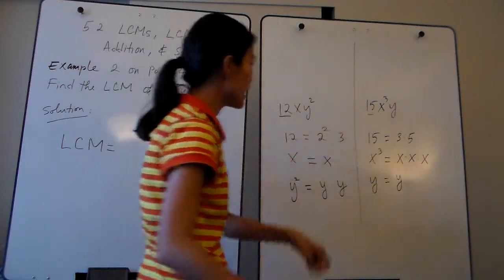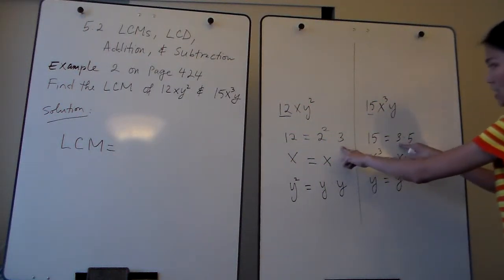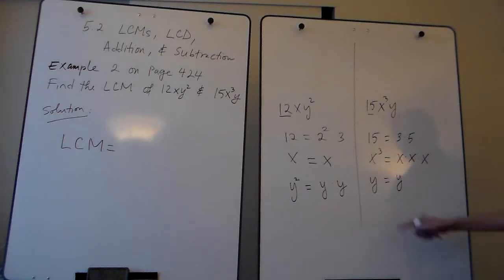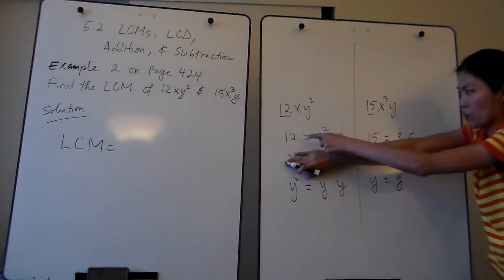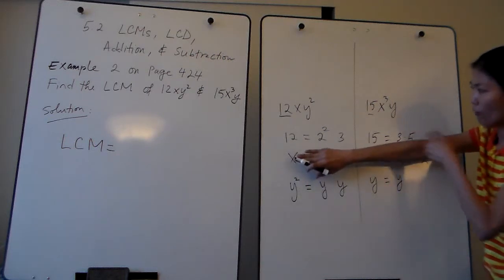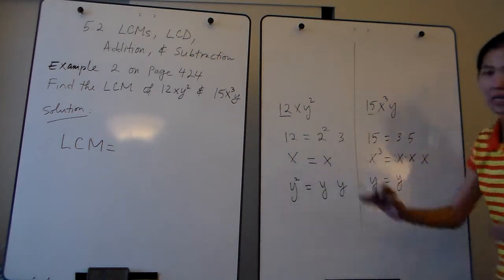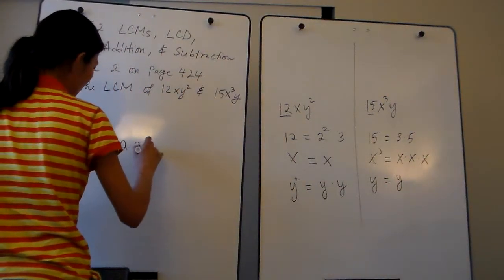For 15, you have a 3 as well, so 3 is a common factor to both 12 and 15. We have one more prime, which is 5. So look at this row: 12 equals 2 squared times 3, 15 equals 3 times 5. All the prime numbers you have are 2, 3, and 5. There are only 3 types of number. So 2 times 3 times 5.